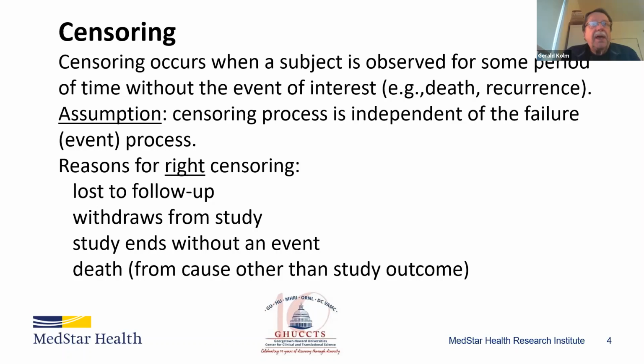Or it might be that the patient dies from a cause other than the particular study outcome. If you're interested in cardiovascular death, death from some other cause might be considered censoring.